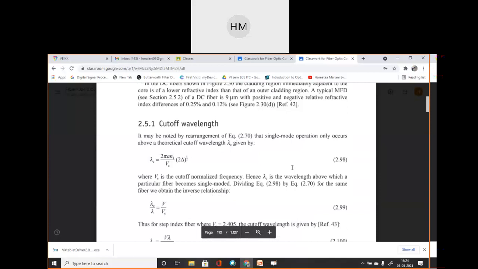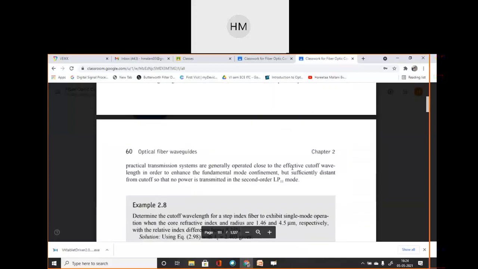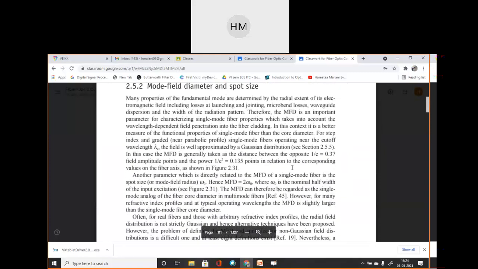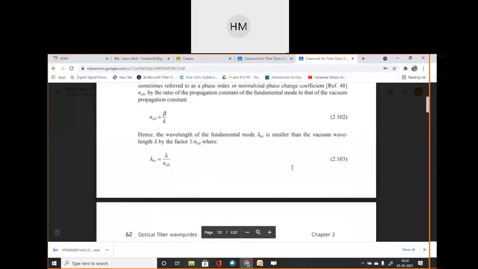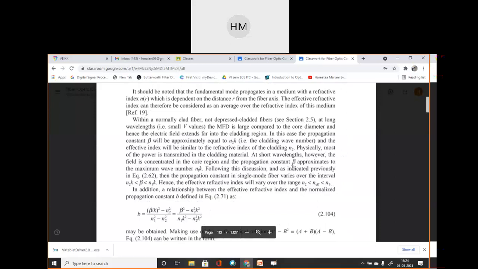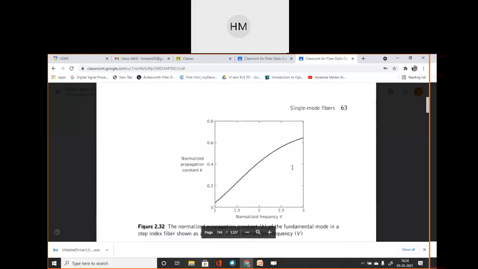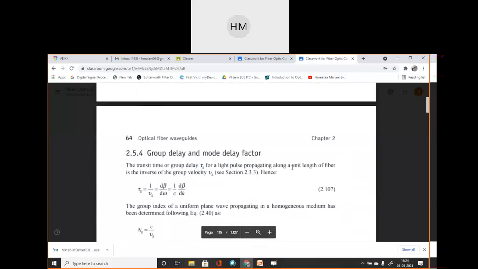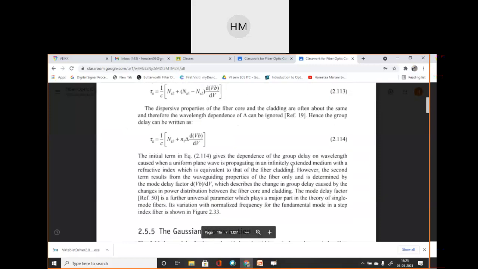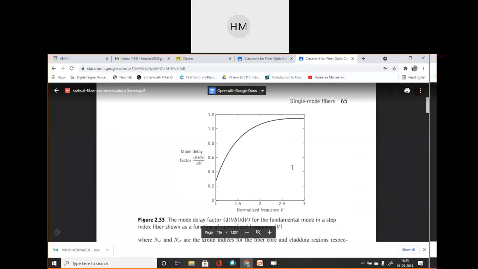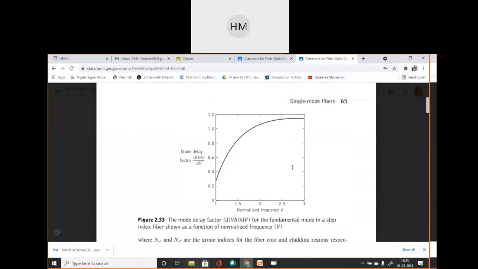These equations we have written for cutoff wavelength, so you have to remember them. And multimode step index fiber we have seen, multimode graded index fiber we have seen, you have drawn all the diagrams.